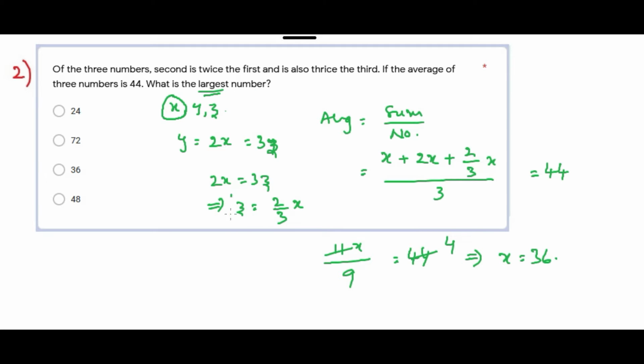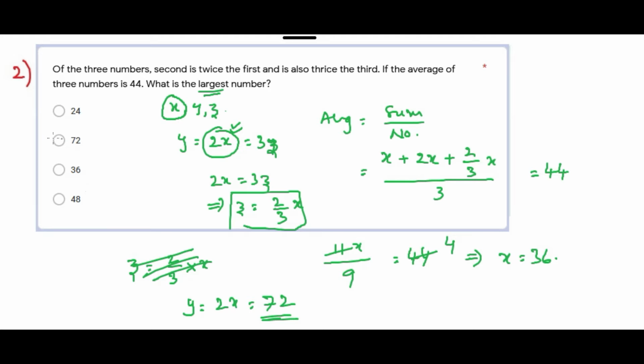Sorry, y is equal to 2x is the largest. So y is equal to 2x, which is equal to 72, is the largest number. So 72 is the answer. Let's move on to the next question.